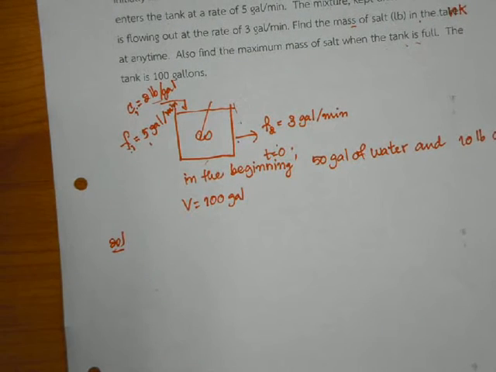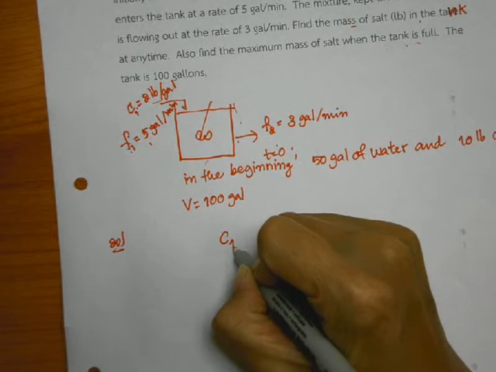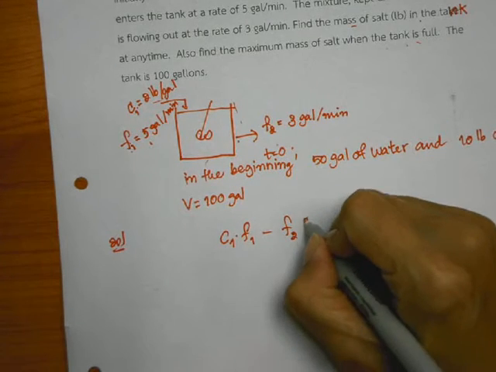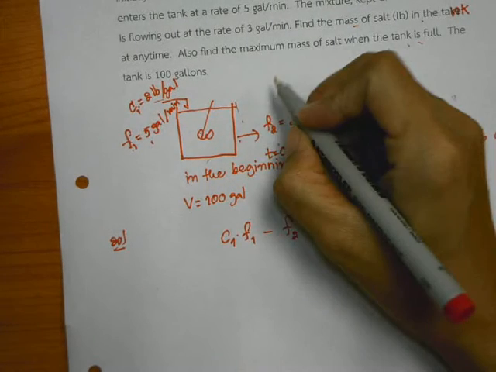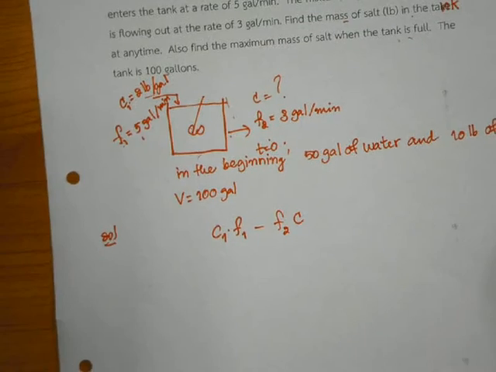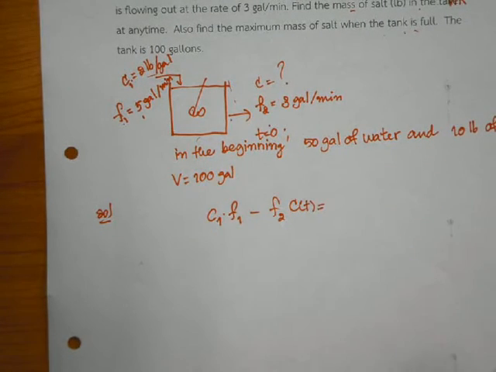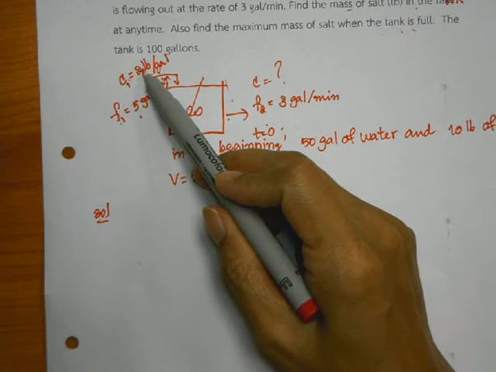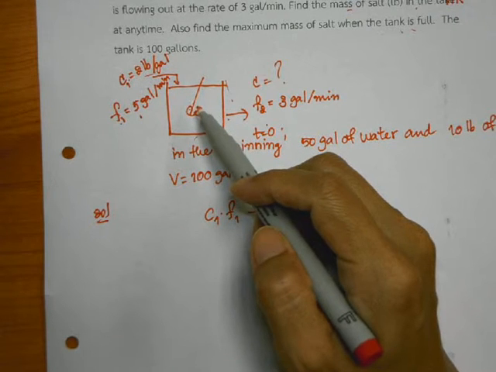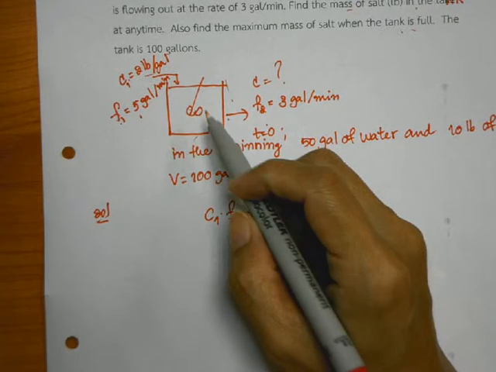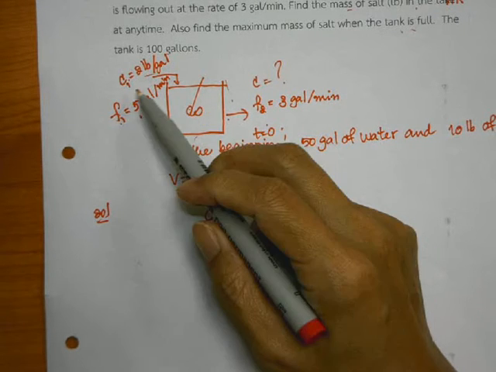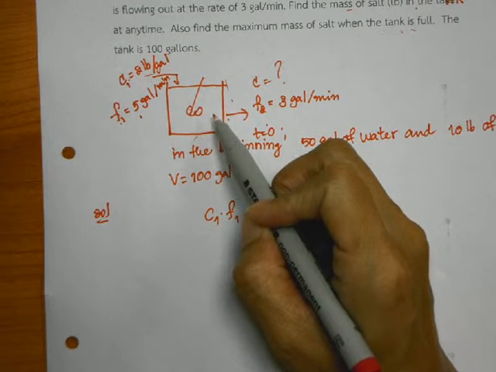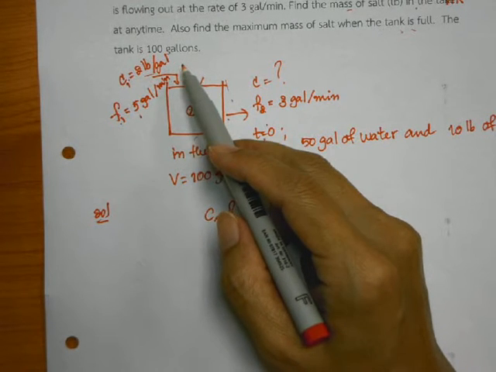So in is C1 times F1, minus out is F2 times C, because you don't know what this C is. C is whatever you got to find, and this C is a function of t. Why is it a function of t? Because here you put in a concentration of 2 pounds per gallon, but inside you have salt. When it's mixed together, the concentration inside the tank changes. It can't be 2 pounds per gallon. It should be greater.